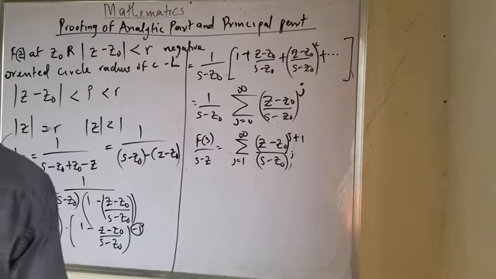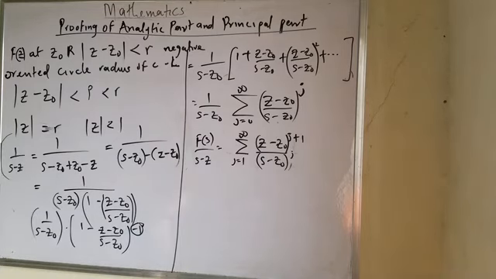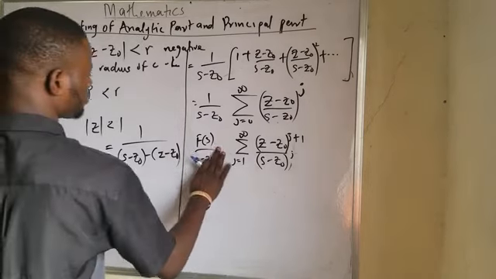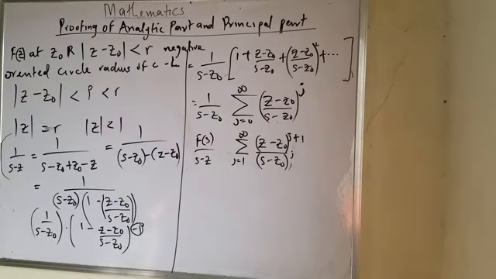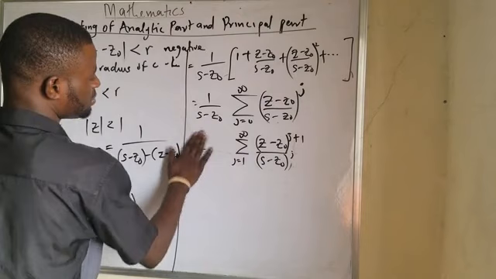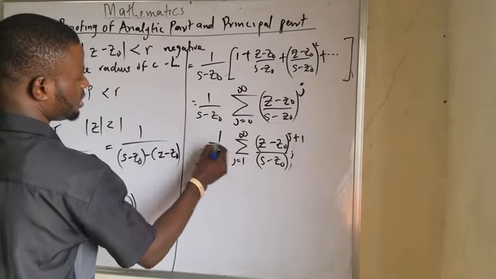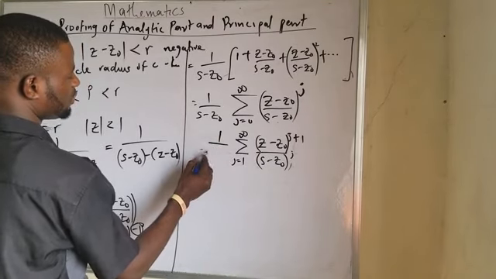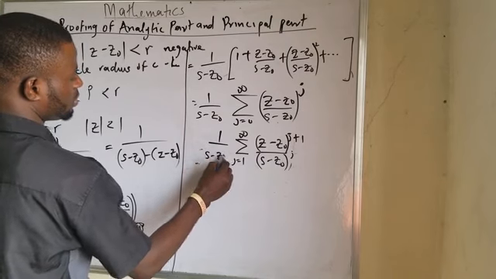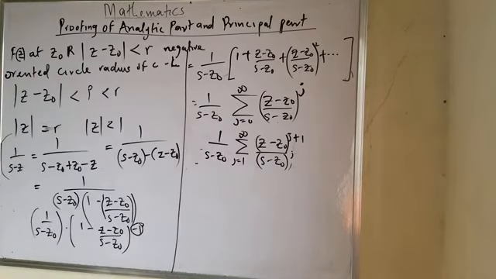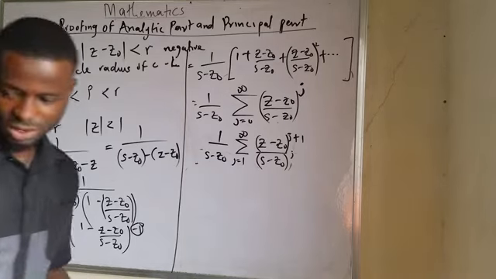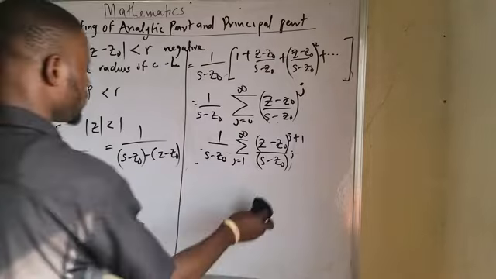Now let me first, before I generate this, say this of z. Okay, am I doing the right thing? I'm just talking to those that are still learning.